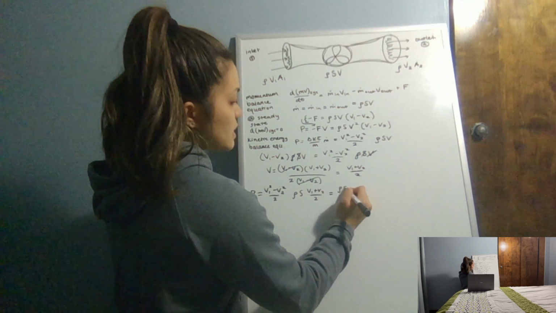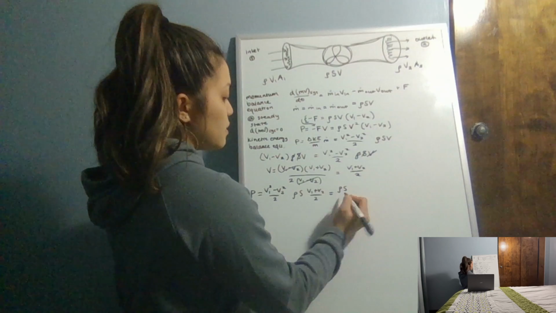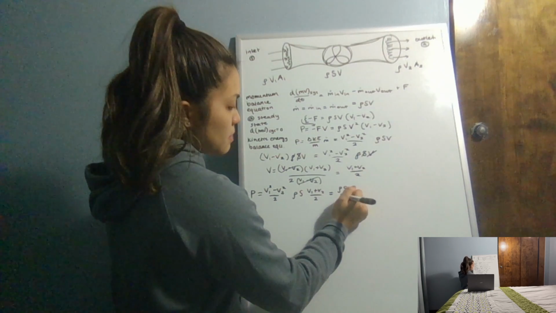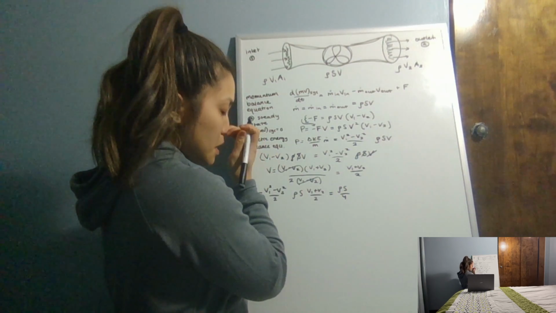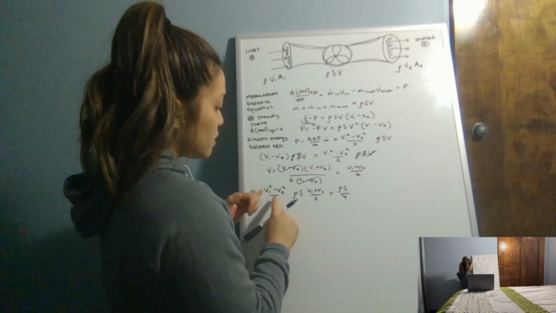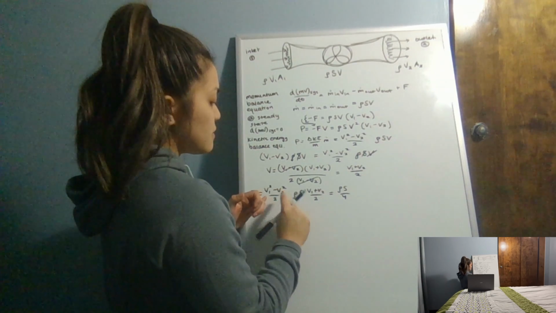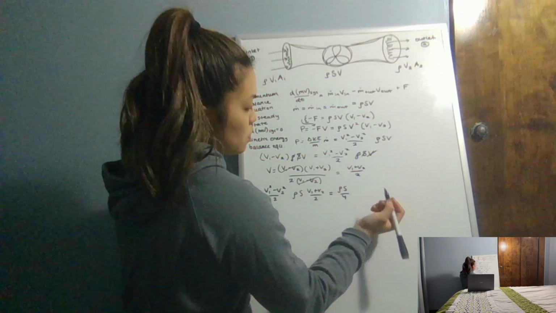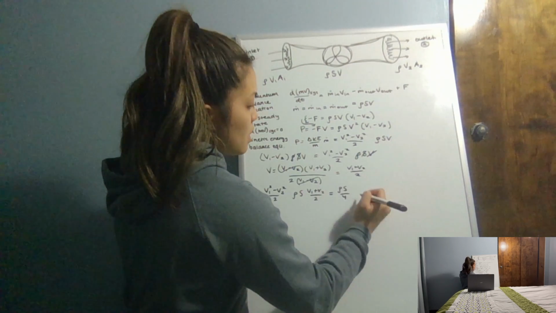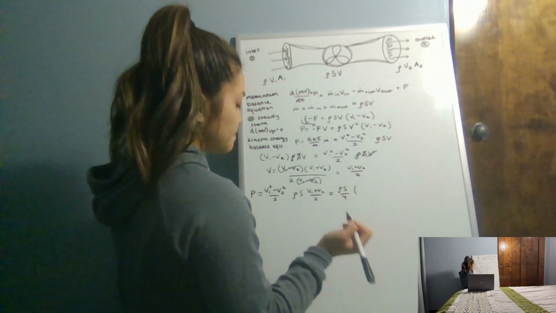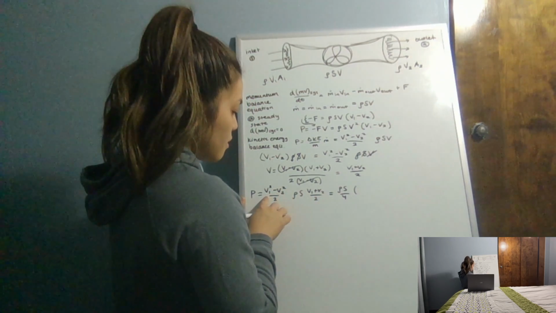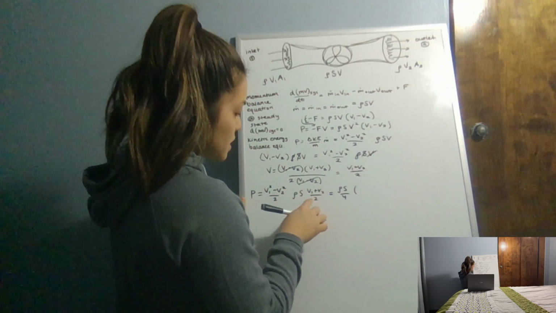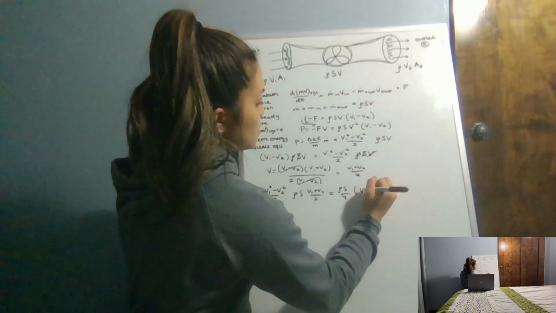So we'll have the density times the area, and then the 2 in the denominators will multiply to give us 4. And so now we can do the velocity 1 squared minus velocity 2 squared times the quantity velocity 1 plus velocity 2. So what that will give us, if we distribute it out, is velocity 1 times velocity 1 squared, which gives us velocity 1 cubed.